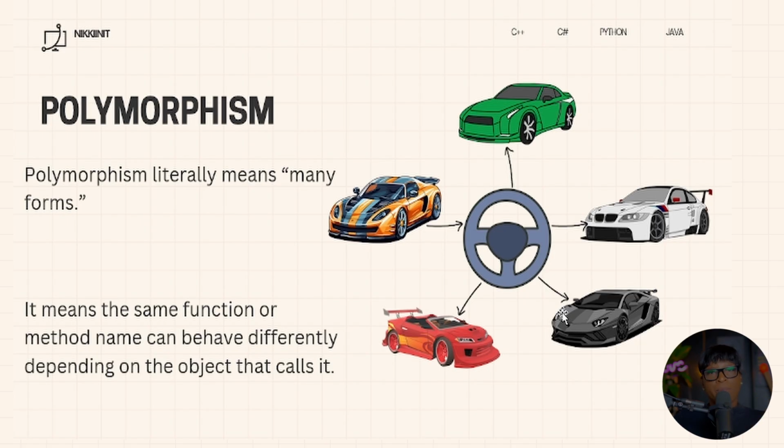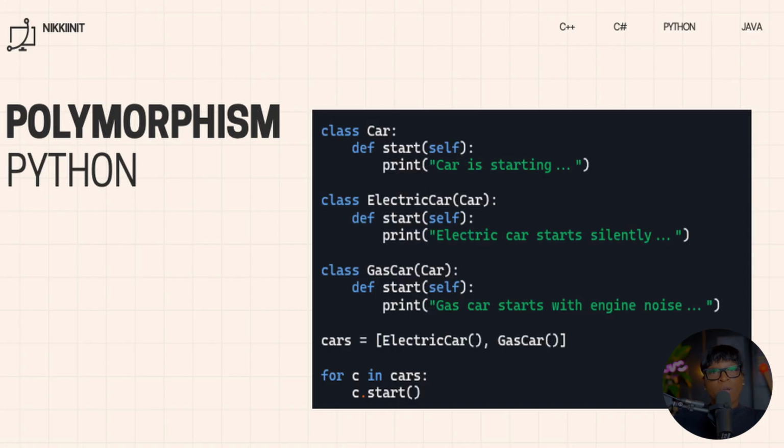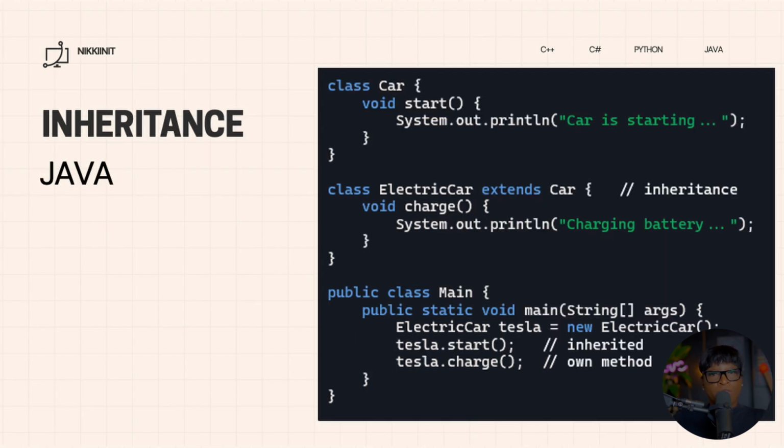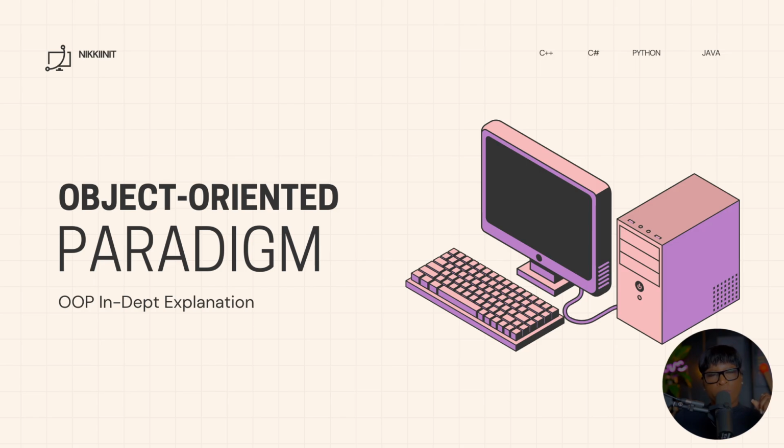That's what polymorphism means. So this is how polymorphism looks in C++. This is how polymorphism looks in Python, Java, and C#. Now, these were the 6 pillars behind object-oriented programming.